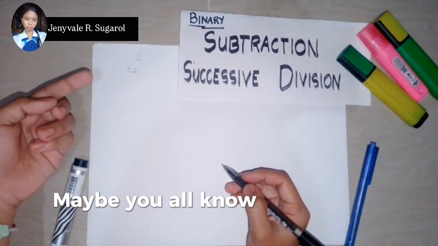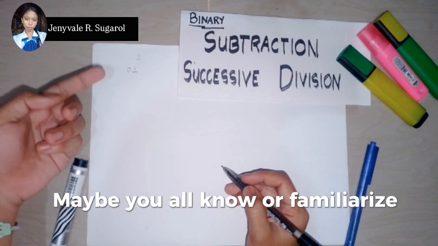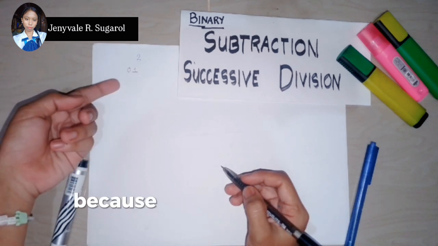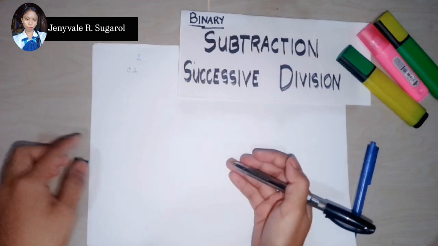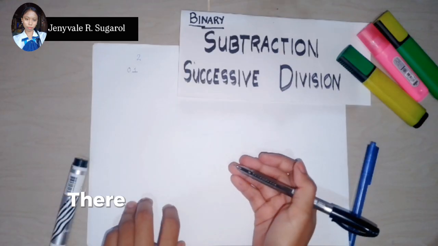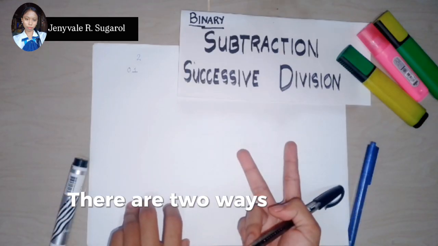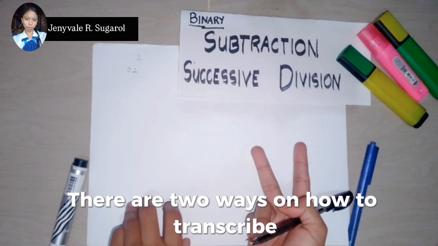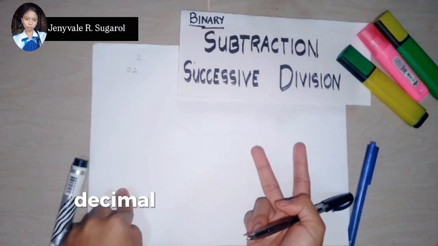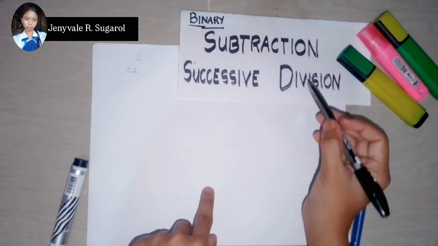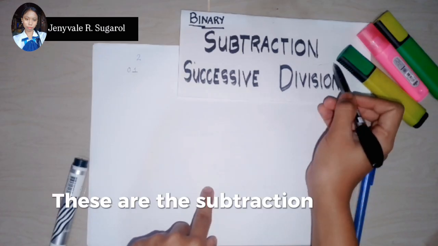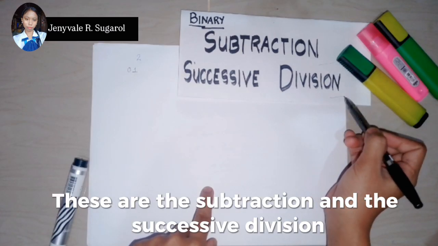Maybe you all know or are familiar with these numbers because these are commonly found in computers. There are 2 ways to transcribe decimal numbers into binary numbers. These are the subtraction and the successive division.